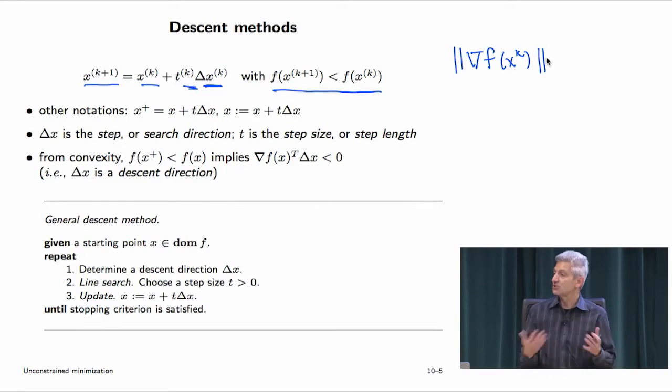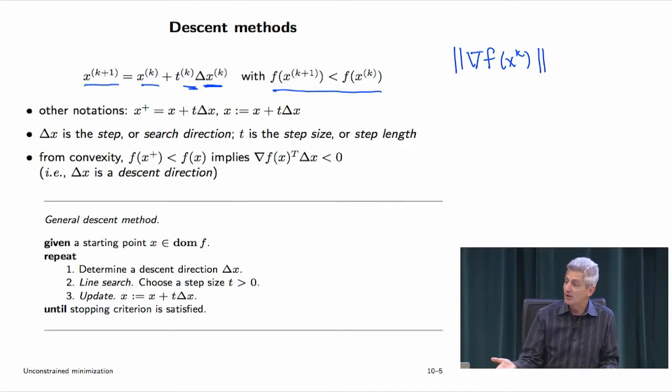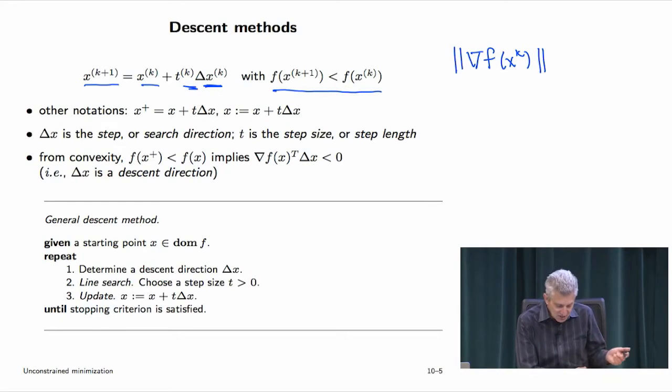Because what you're trying to do is find a point with 0 gradient. You'd say, this algorithm does the following: if the gradient's not already 0, it produces a new point with smaller gradient. That's the idea. So it doesn't have to be f. And we will later see algorithms for which something like this, or something more complicated but in this spirit, actually goes down rather than f.